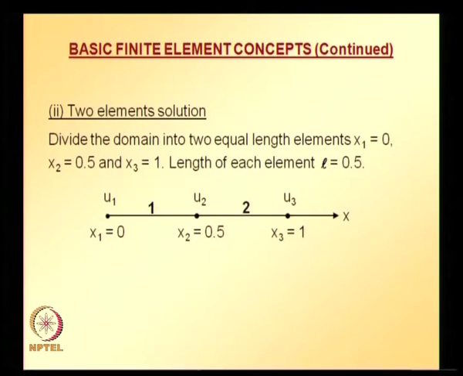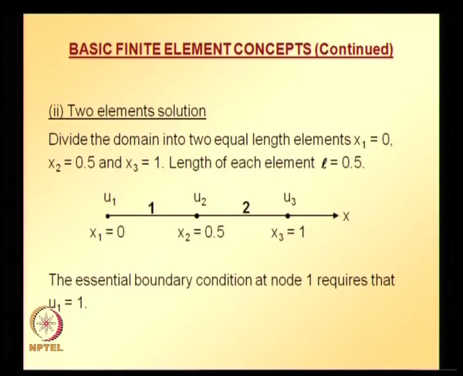So the first node coincides with x equal to 0, the second node coincides with x equal to 0.5, the third node coincides with x equal to 1, and the length of each element is 0.5. Since the nodal values of the spatial coordinates and the length of each element are known, you can easily write the approximate trial solution for each of these elements.